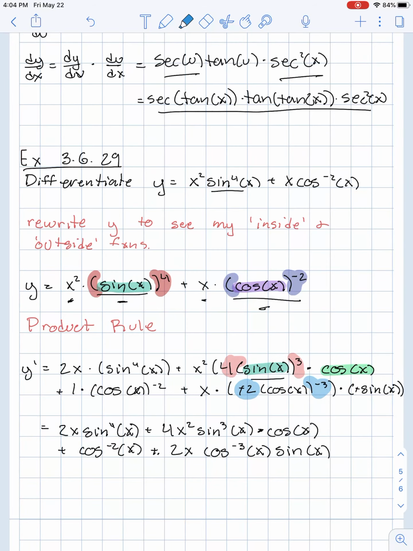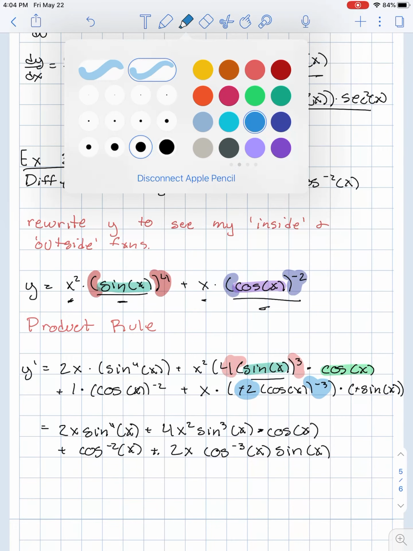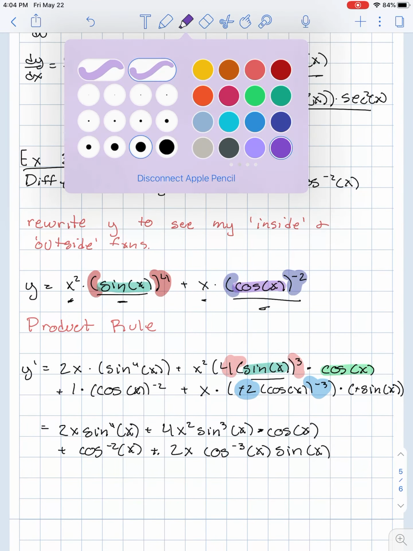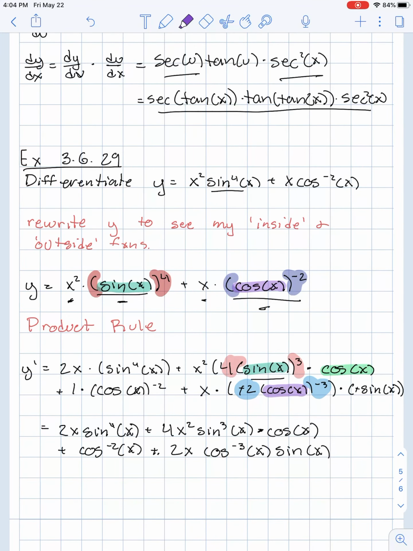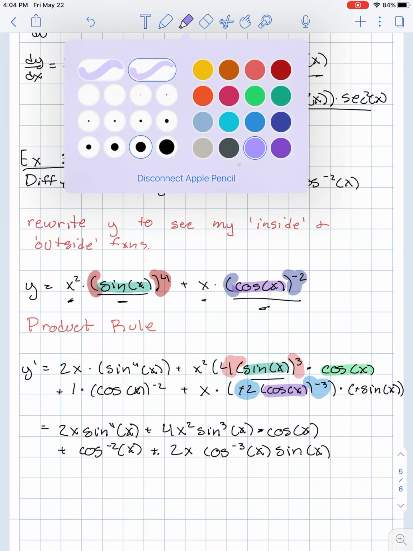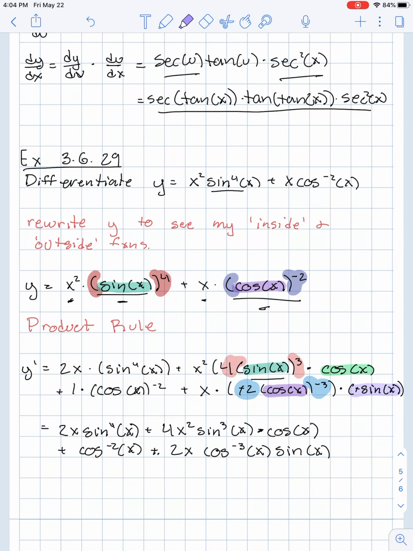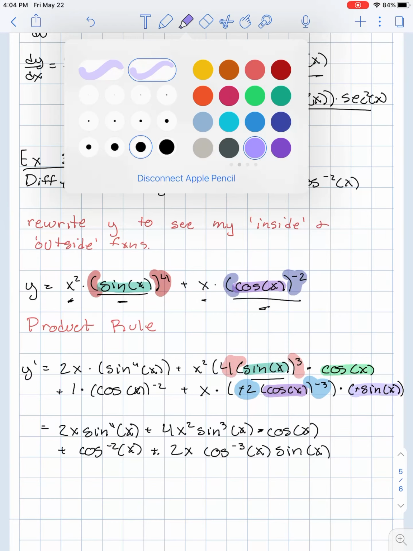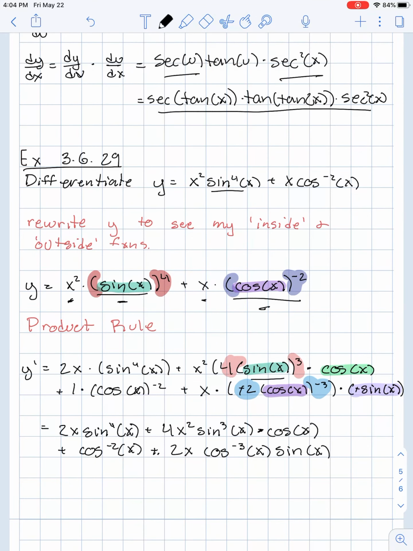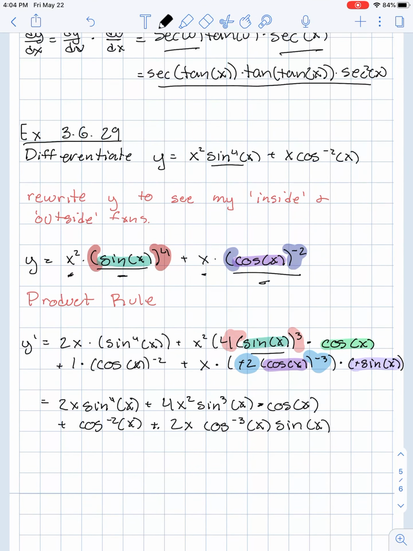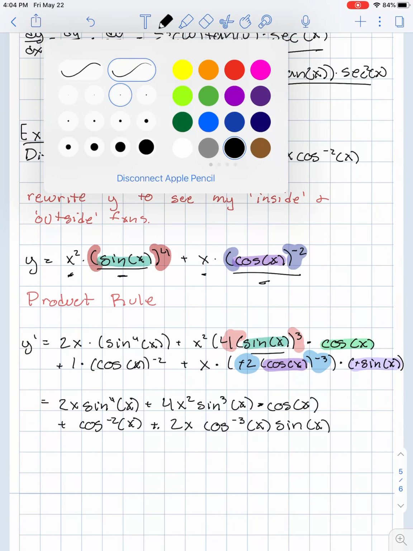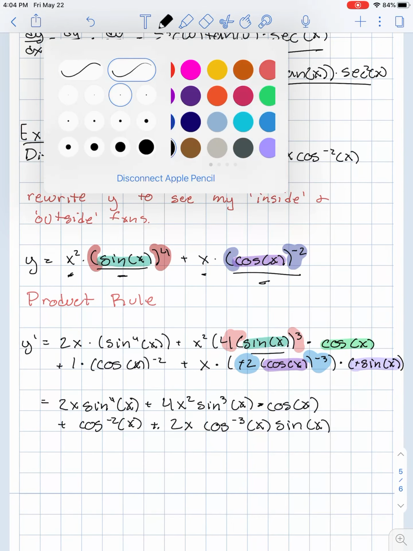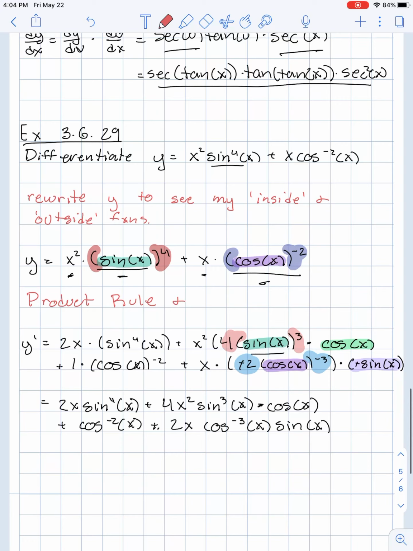So then we can see that this is the derivative of that negative 2 power, there's cosine still being there on the inside, times cosine's derivative. It's so beautiful when it's colored. Alrighty, and then we simplified right here.